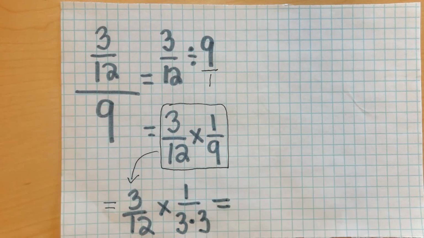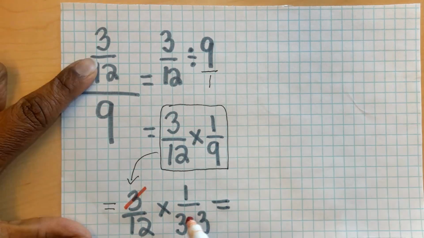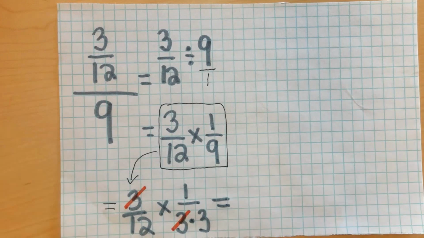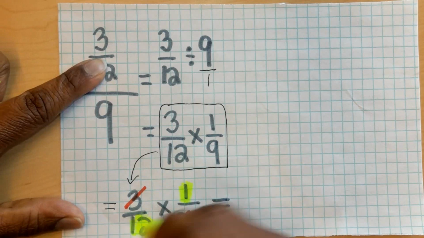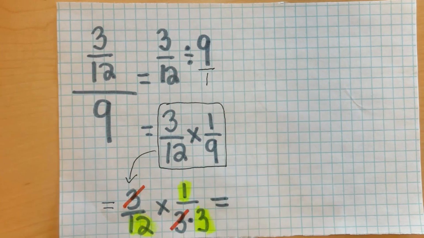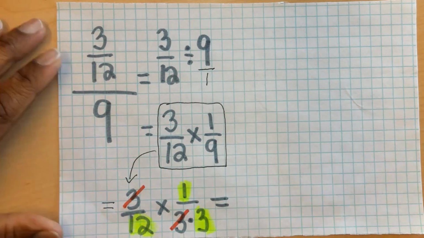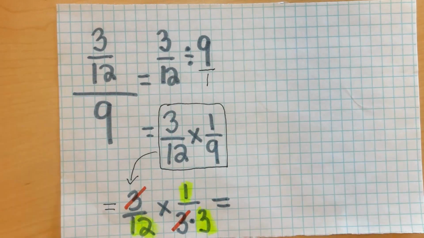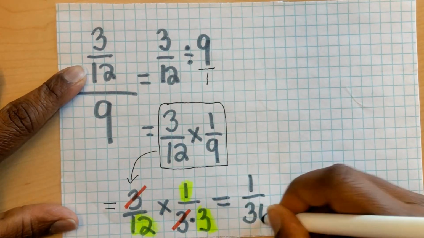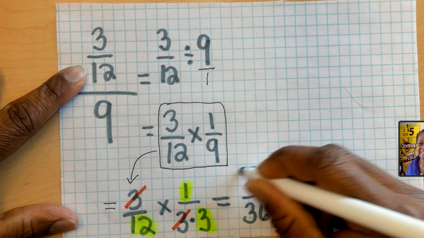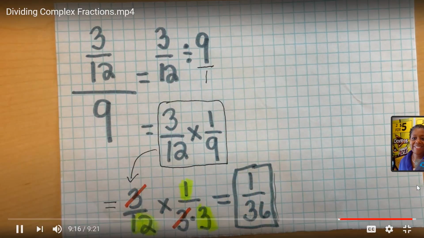I look for ways that I can make roots of 1. 3 divided by 3 is 1. In my numerator, I am left with 1. And in my denominator, I am left with 1 with 12 times 3. Final answer will be 1 over 12 times 3, which is 36. That is my final answer.